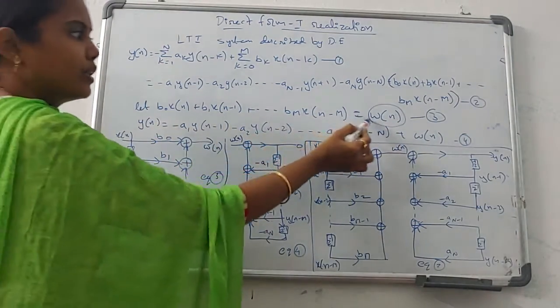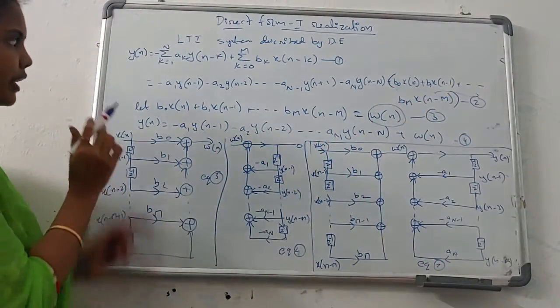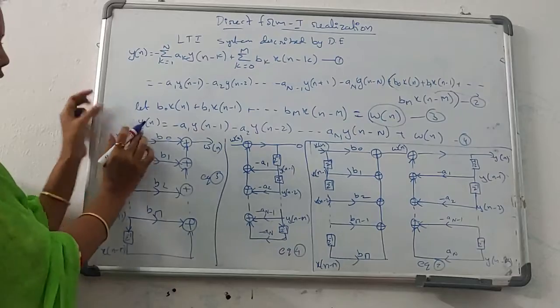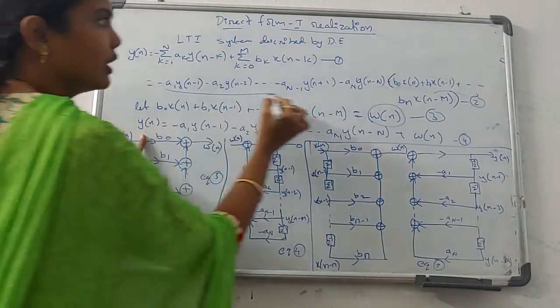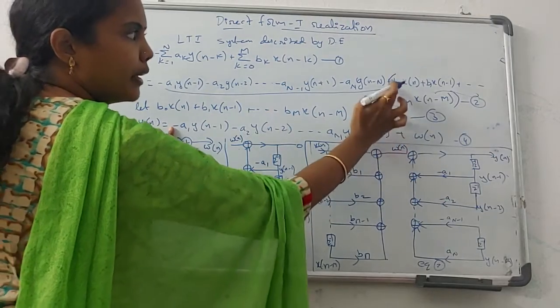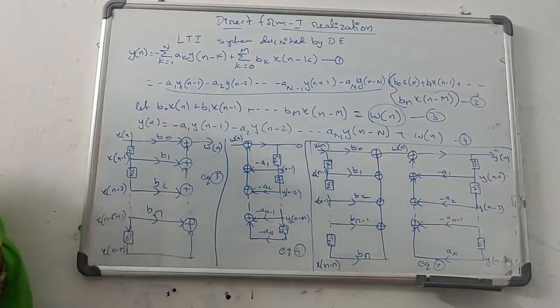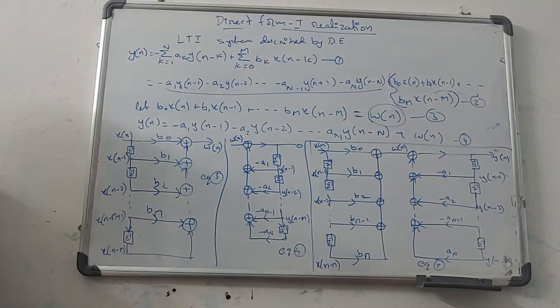Now substitute w of n in this place. Then you again get y of n equal to the whole output term plus w of n. Now we have to realize this equation by using the direct form 1 structure method.